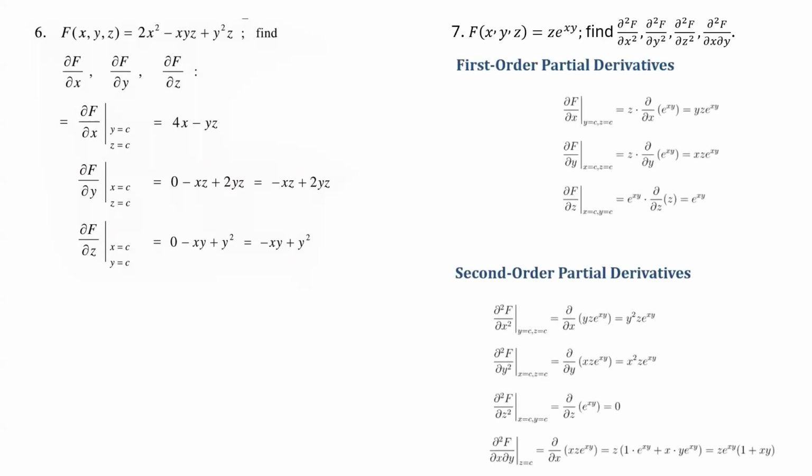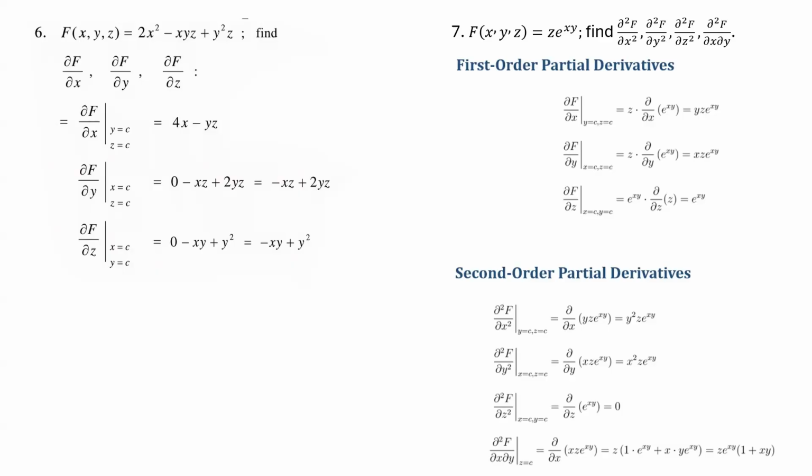So now we will come to our final example where a function represents a scalar field dependent on three independent variables, and the equation is z e^(xy). So we need to find out the double derivative of the function. To find out the double partial derivative, we need to find out the first order partial derivative.